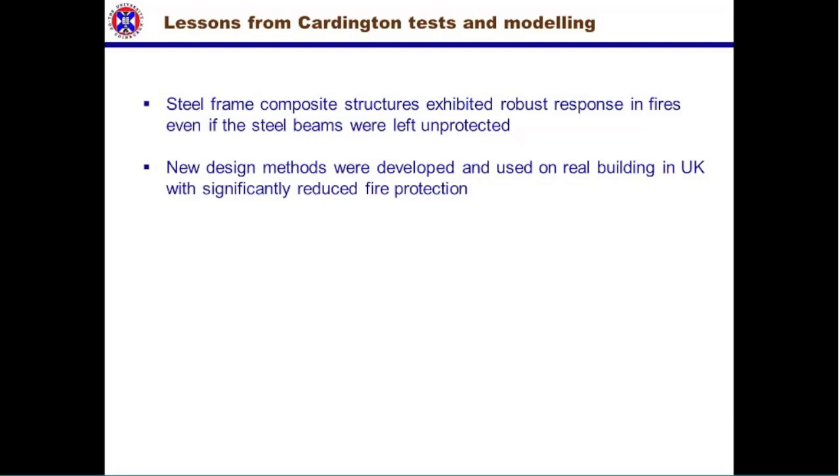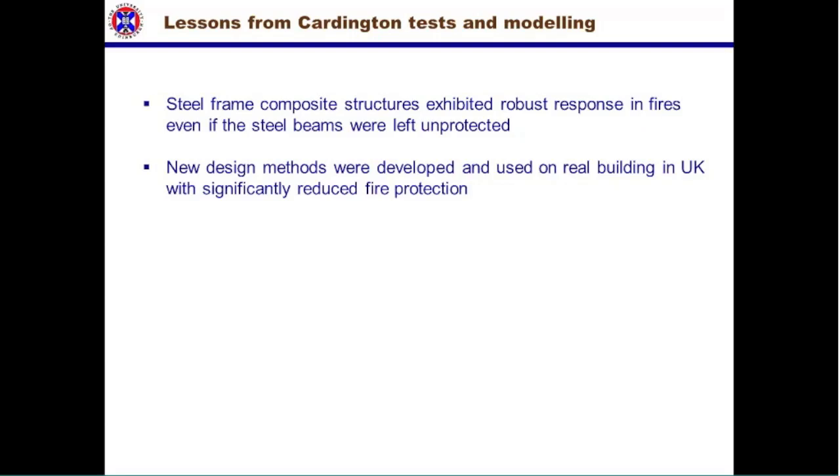As a result, in the late 90s, we got together with consultants like Arup and came up with new ways of designing structures, more on the basis of performance, and these methods were used in real buildings in the UK, and the regulation accepted significantly reduced fire protection in some of those buildings.